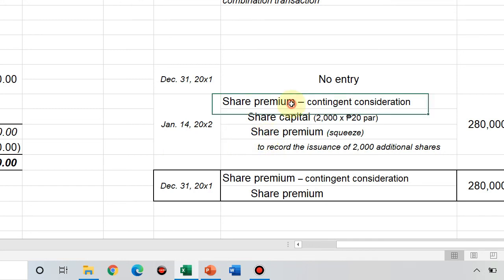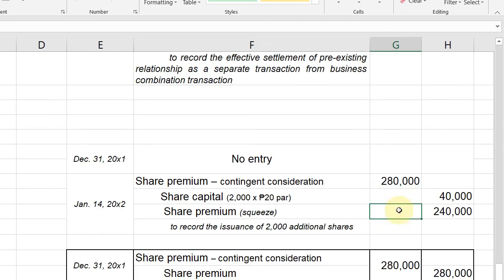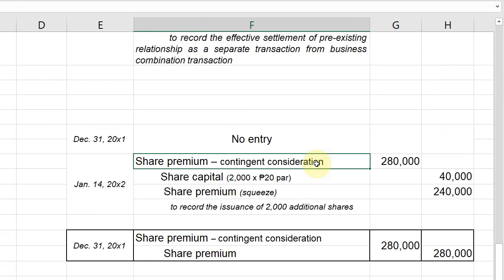So, i-debit mo sa share premium yung contingent consideration na 280,000, kasi kasama siya doon sa value ng shares na ipinasok mo.